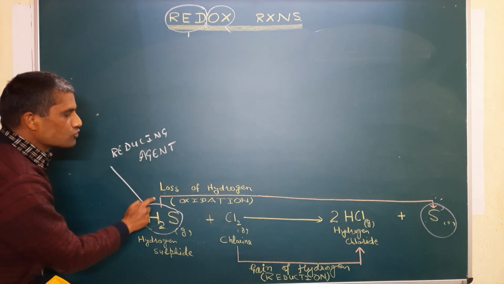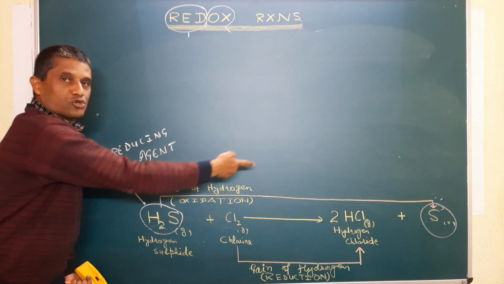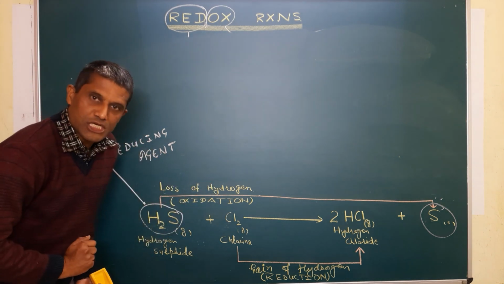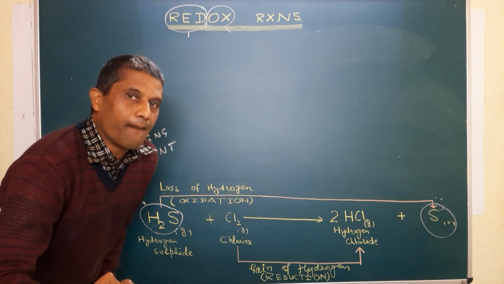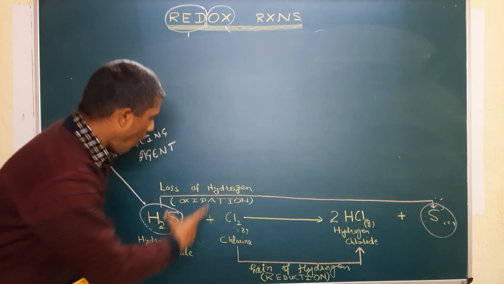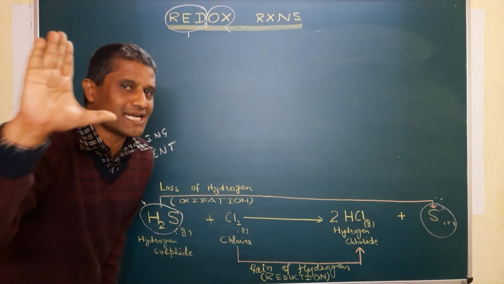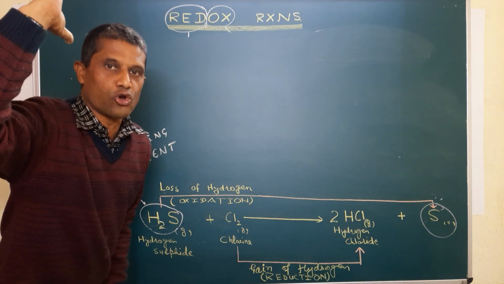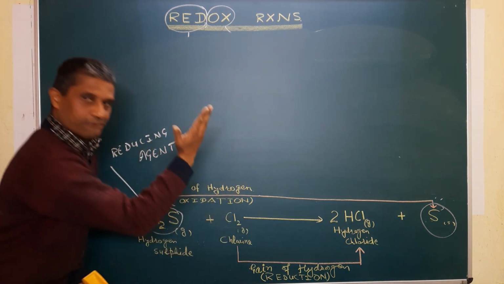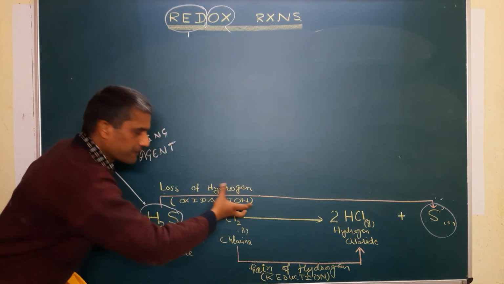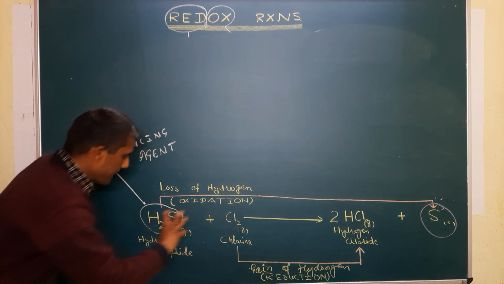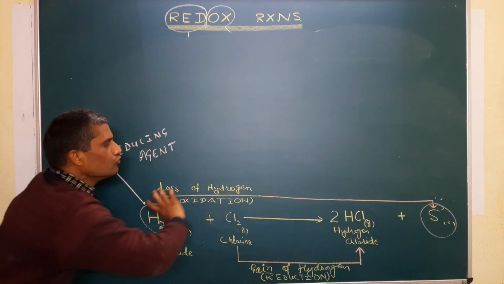It means hydrogen sulfide, by losing hydrogen, is undergoing the process of oxidation. And a fundamental question arises. Oxidation is a kind of action which is carried out by an agent. And where is that agent located? Yes, it is chlorine. Chlorine is playing that very role here. Chlorine makes the hydrogen sulfide lose hydrogen.